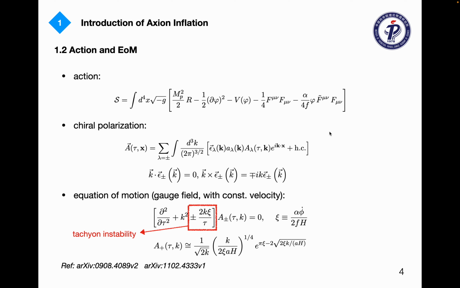The next formula is how we decompose the gauge field. Firstly, we will transform it into Fourier space, and next we will decompose it under the basis of the circular polarization.